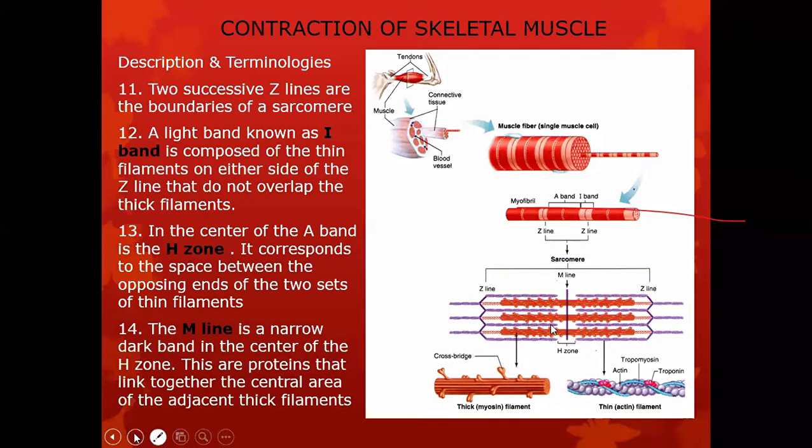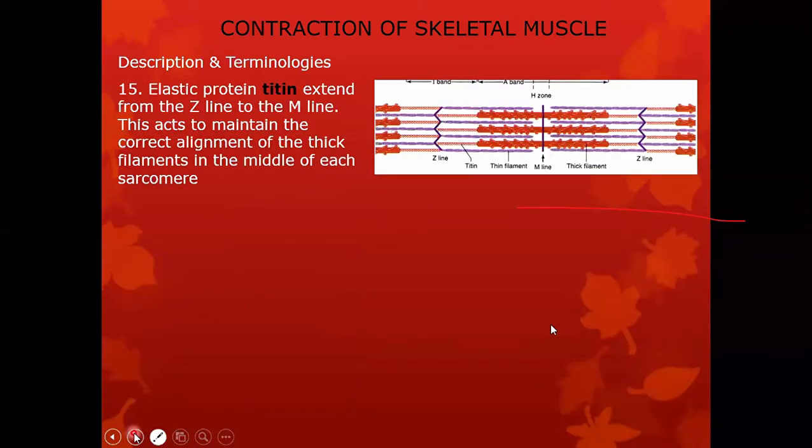That is the general formation of your sarcomere. So your M line is here, the H zone. The M line is located at the center of the H zone.